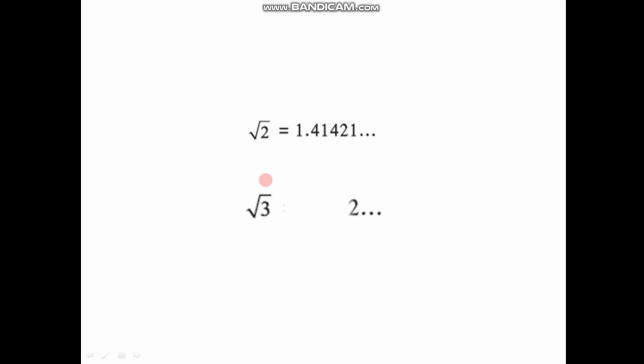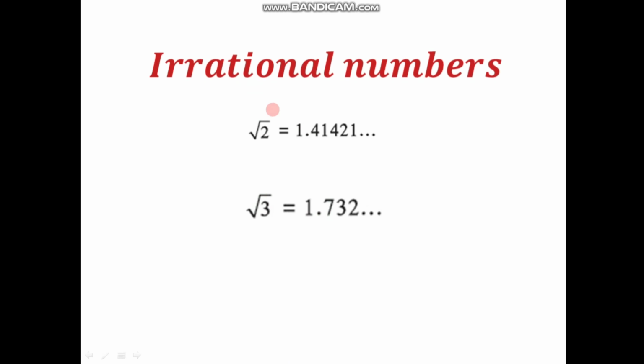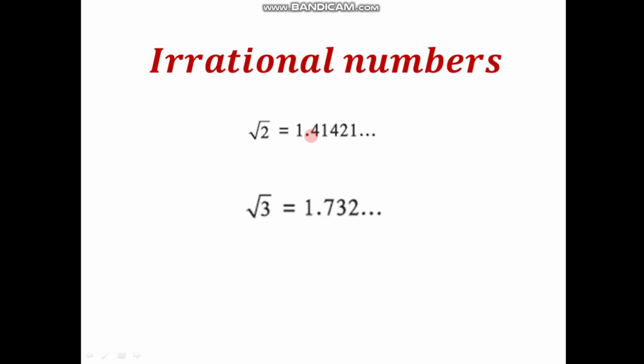So root 2 or root 3 are irrational numbers as the decimal form is non-terminating and non-recurring. So by this we can distinguish between rational numbers and irrational numbers.